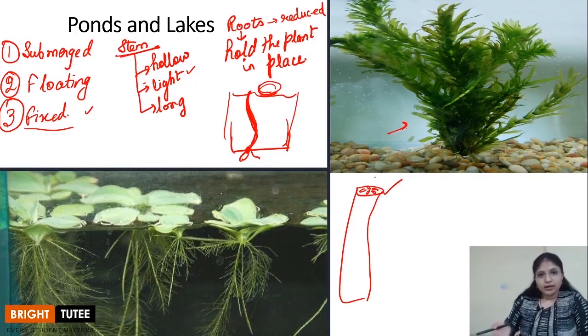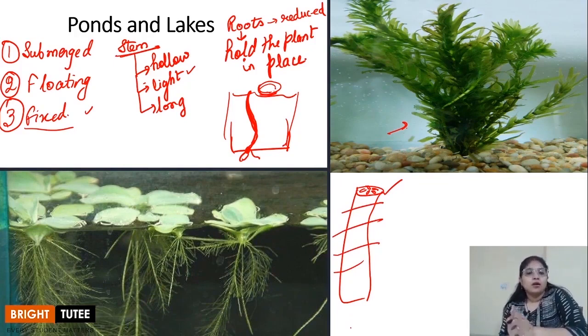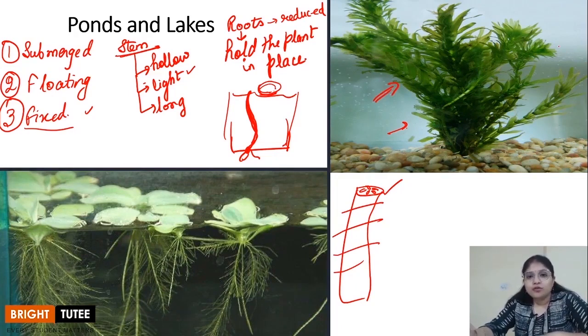So even if you cut it, like if you cut the horizontal parts, you will find that these are there in the whole stem. So in this way, we see how the stem is hollow and light, and it is long. Another thing which is very important is that the stem, especially in the submerged plant, as you can see, is really soft so that it can flow along with the flow of the water, right?